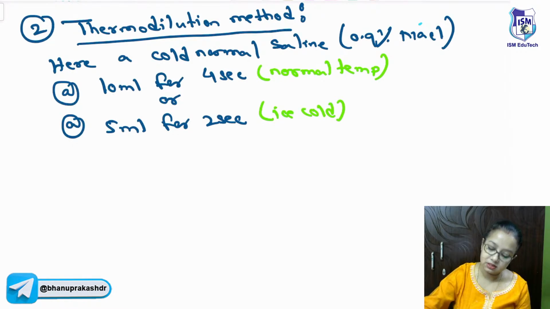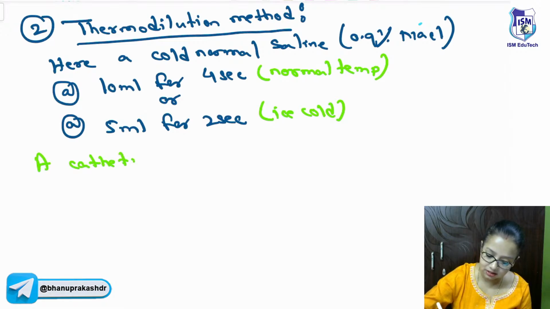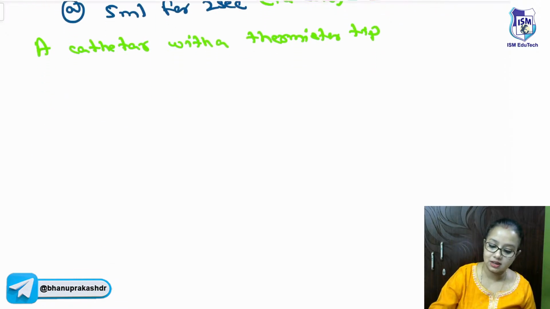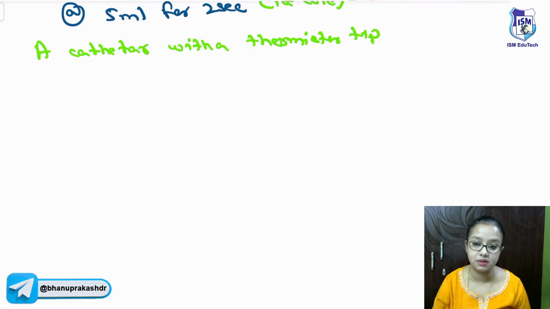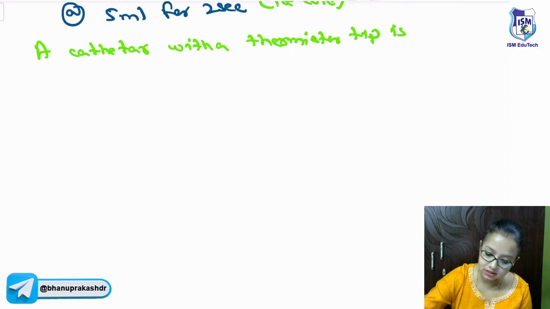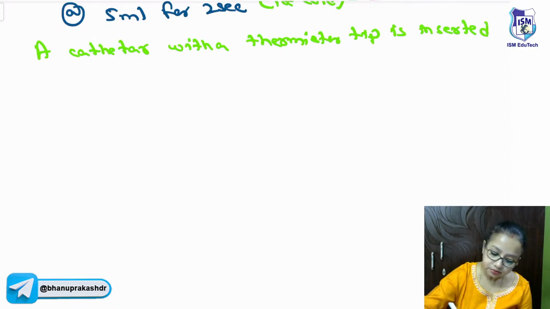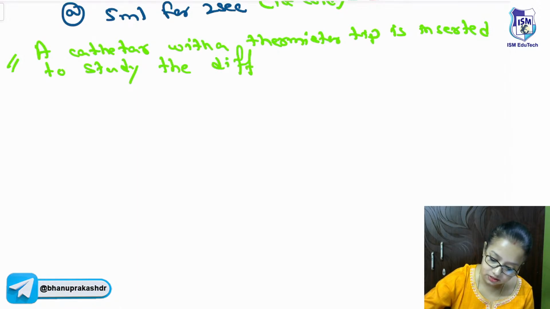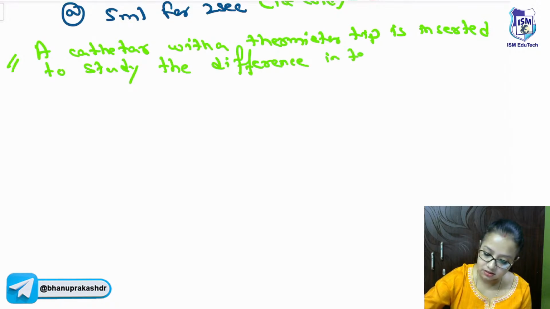So by that this saline was injected, and a catheter with a thermistor tip, like the catheter will have a tip that has the capacity to sense the change in the temperature when the cold saline is going and mixing with the blood in circulation, is inserted to study the difference in temperature.